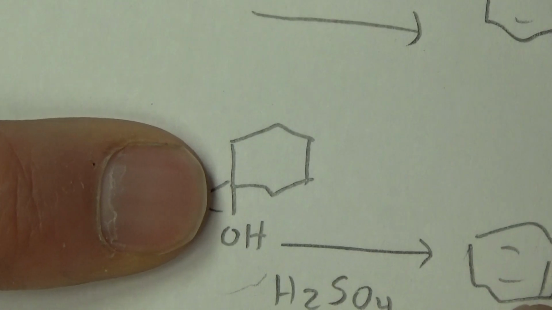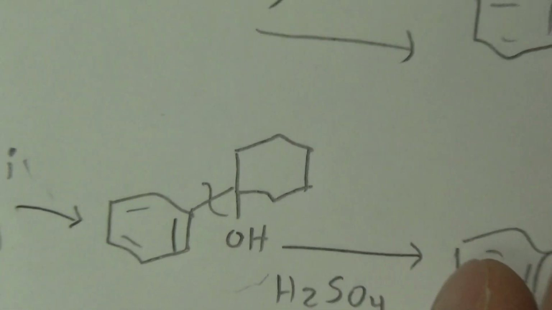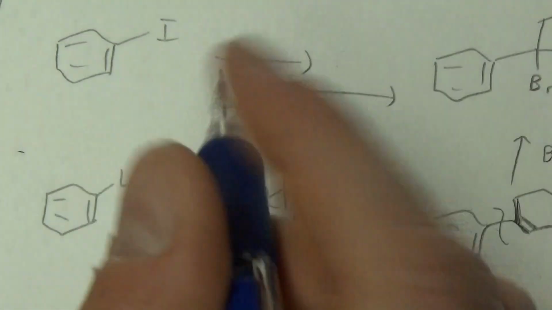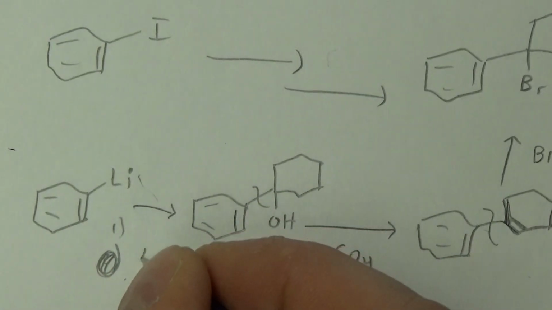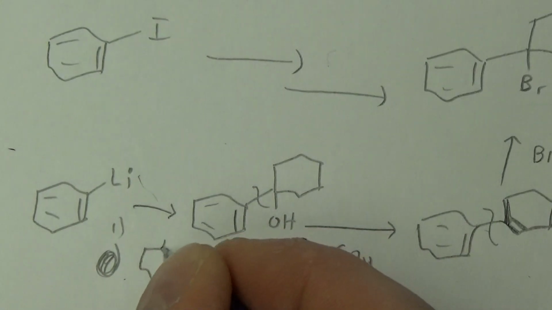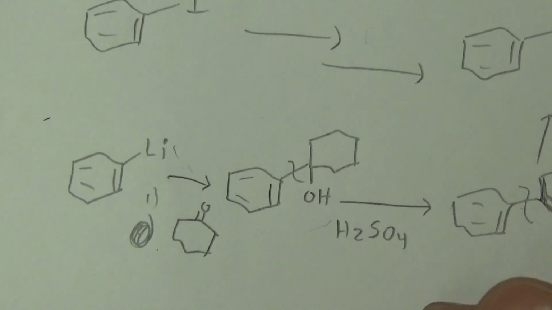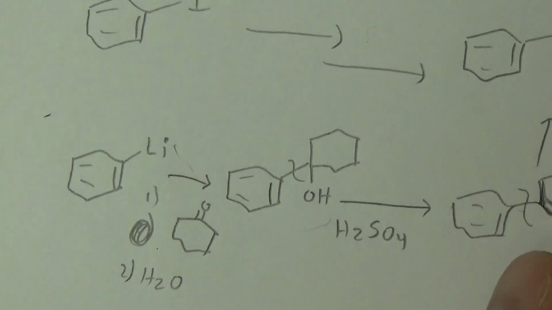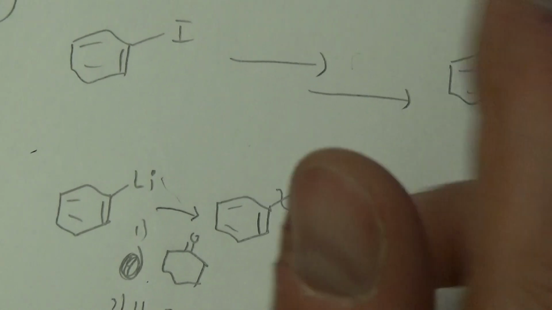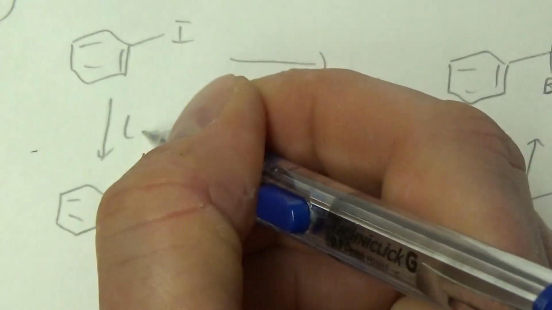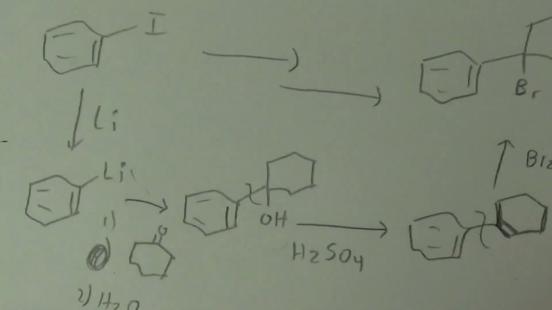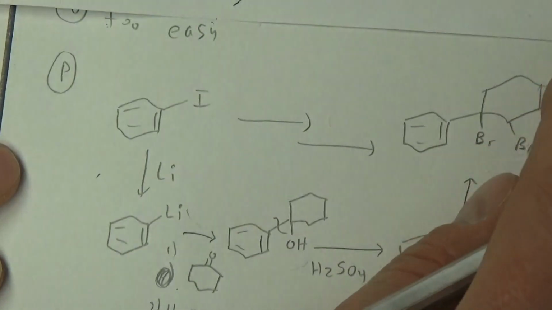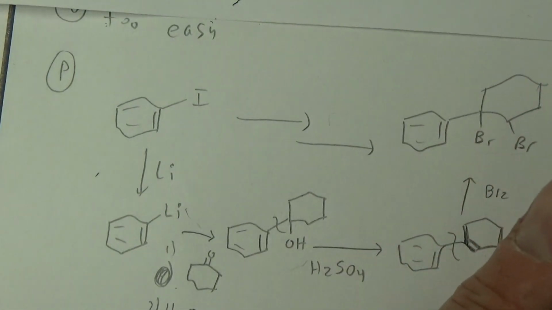That'd be the cyclohexanone, the ketone. There's the ketone. Then water for the workup. And then to make the iodo to the lithium, you just add lithium. And we're good. That's problem P.